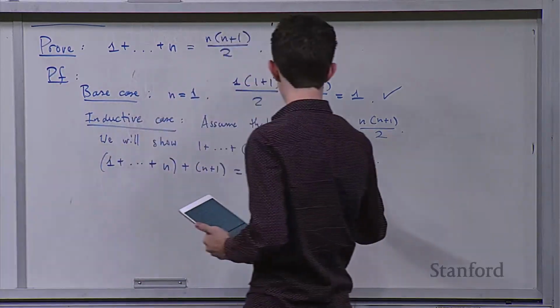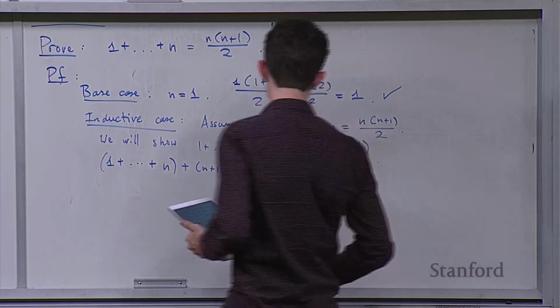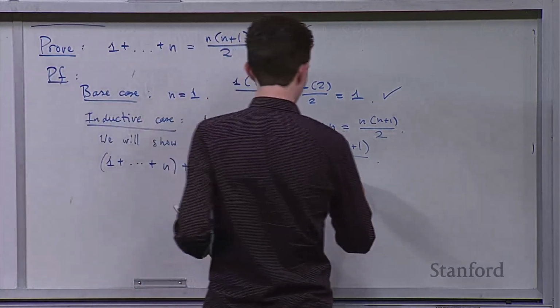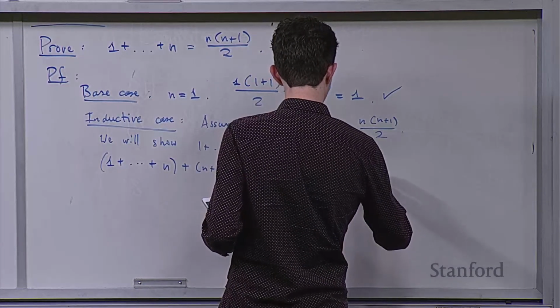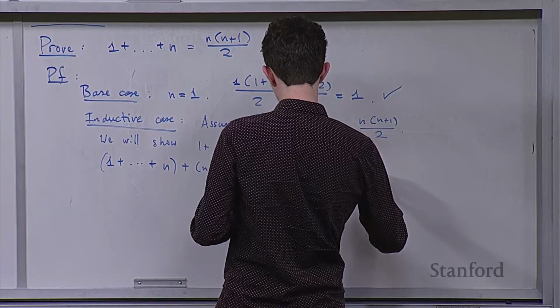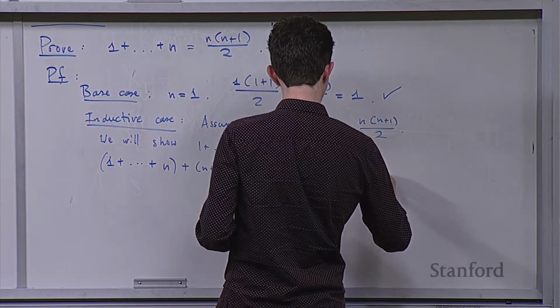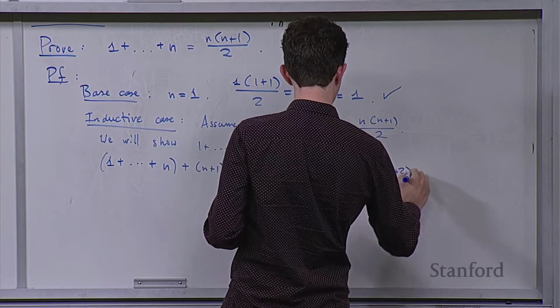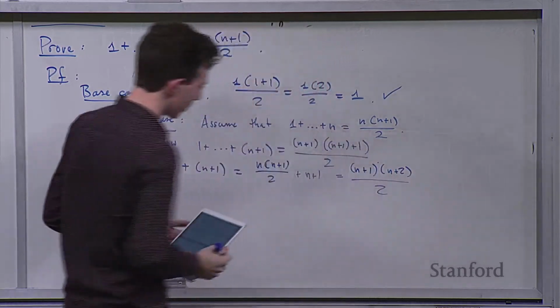And then we're going to tack on the n plus 1. Now, via some algebraic manipulation that's not super important, you see that this is now equal to n plus 1 times (n plus 2) over 2. And this will work out.